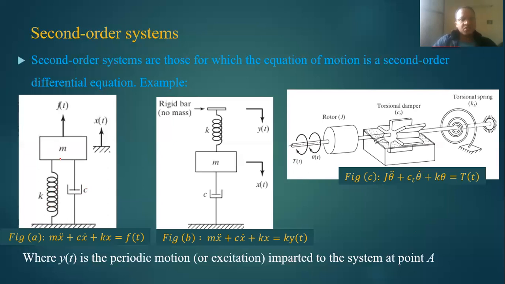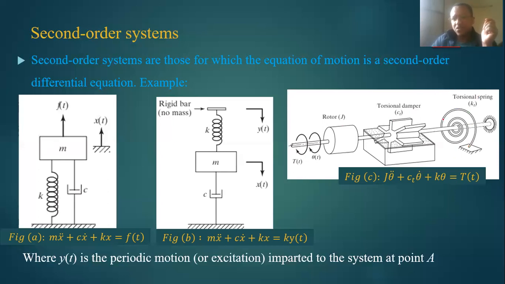The equation of motion for this system for forcing f of t is m x double dot plus c x dot plus k x equals f of t. And for the torsional system, we have a rotor having torsional inertia J, a torsional damper CT, and a torsional stiffness KT here.